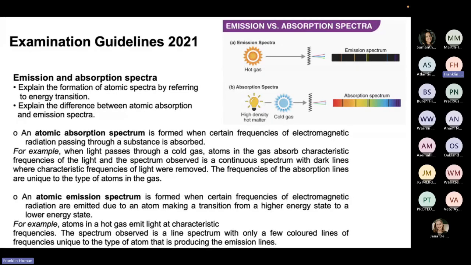Since c, the speed of light, is a constant, which is 3 times 10 to the power 8 meters per second in a vacuum, any change in frequency will have a specific change in wavelength associated with it. Remember, because the speed of light is a constant.